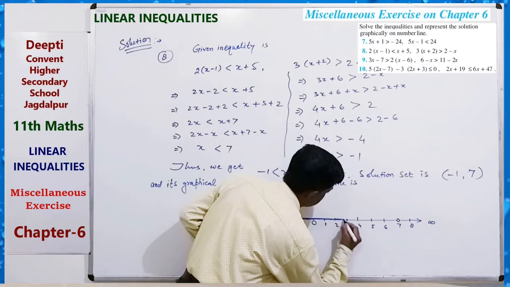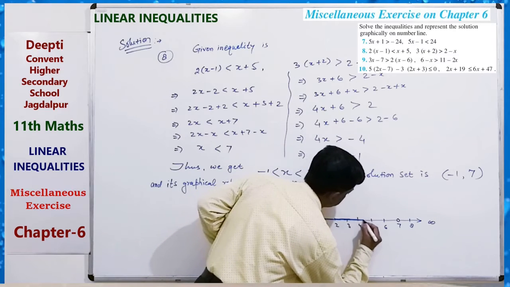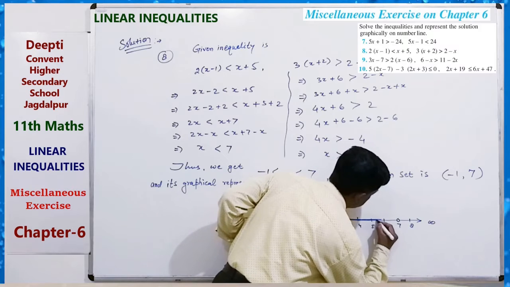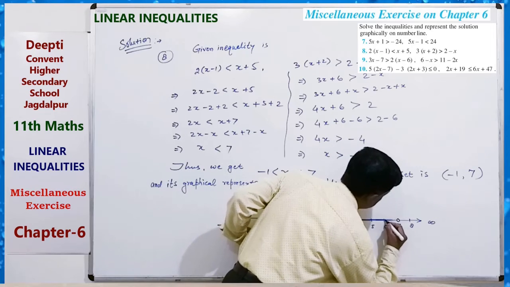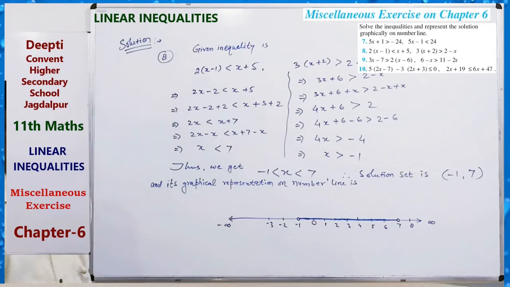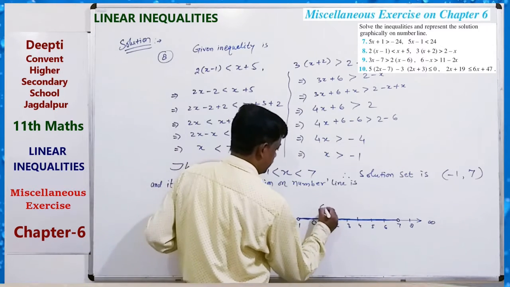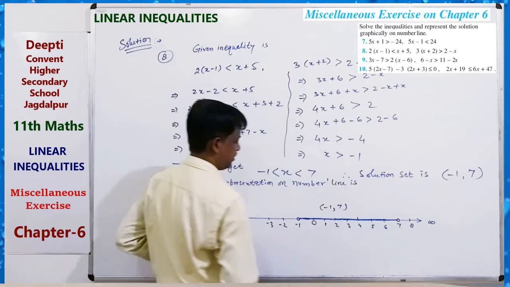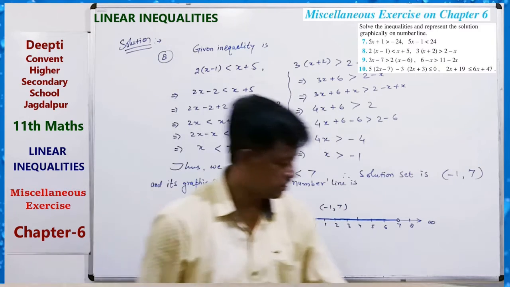You have to bold it. Okay, so this is the graphical representation of (minus 1, 7). Clear? So this is question 8.